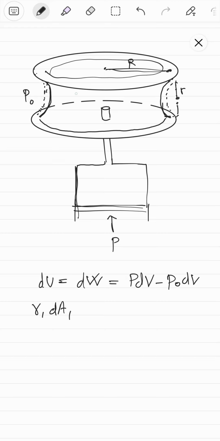Because there are interactions between water molecules and this surface, right? So we did say that this surface and water molecule have the interaction the same as it would be between two different water molecules, but this doesn't have those kinds of interaction. It has a difference in the interaction, and that's why there is surface energy associated with that.